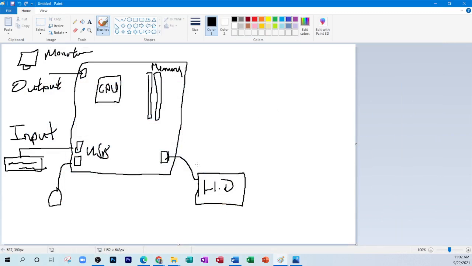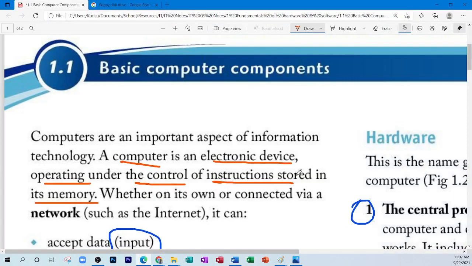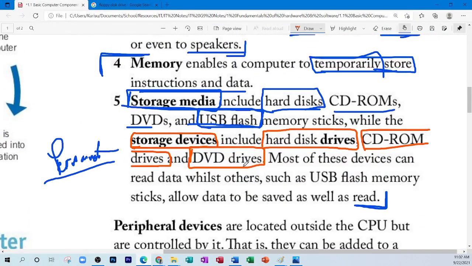Now, in this computer here, where do you store your data? Or on a normal computer, where do you store your data? No one? Alright. So you store your data on the storage media, as we just talked about.